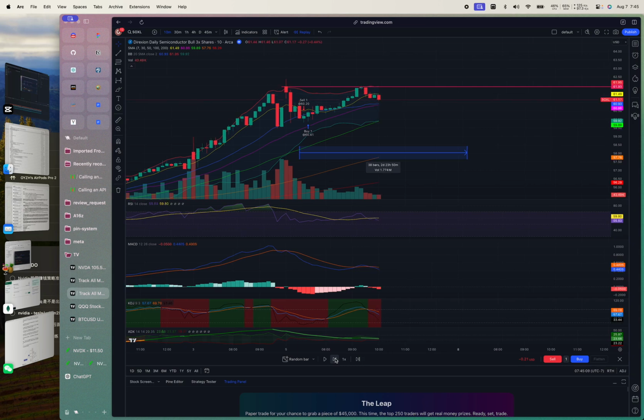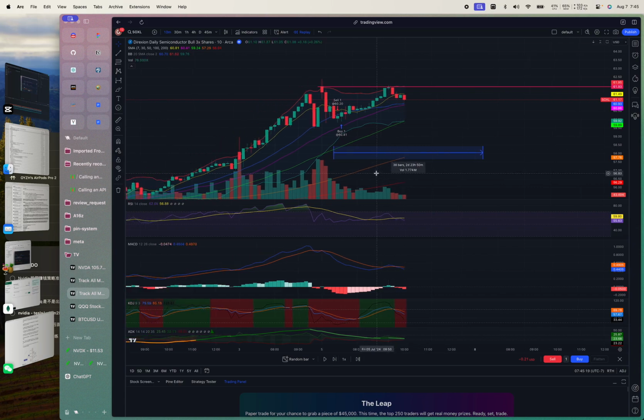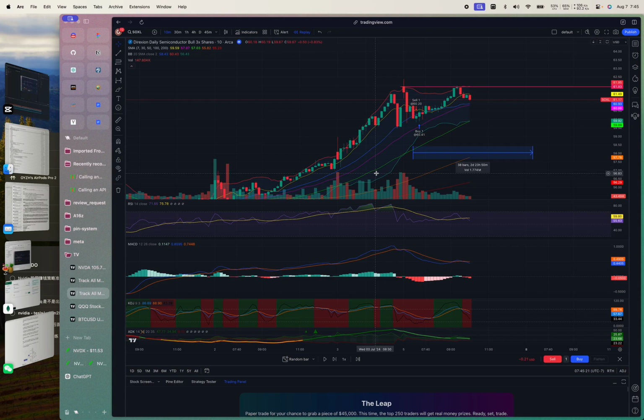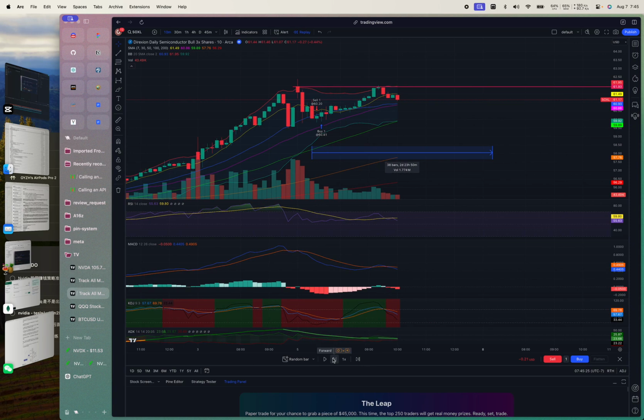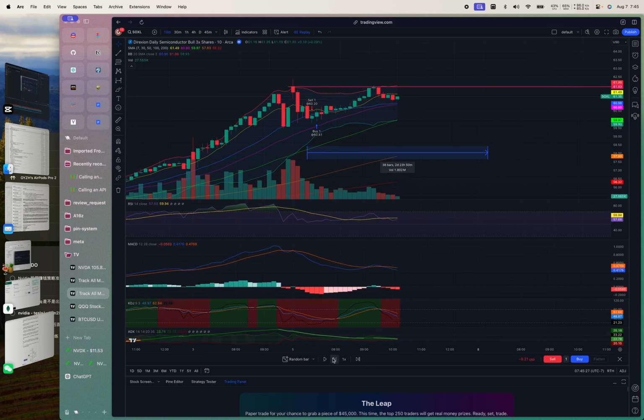Somehow there is no easy entry point so far. So it's bearish again. Let me see. I will use this new trend, so I put my pressure line here.